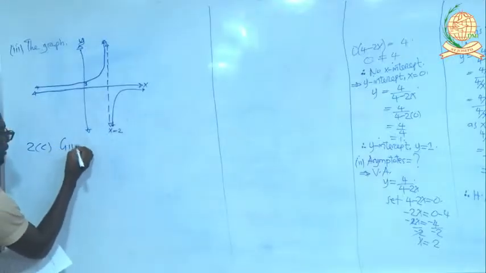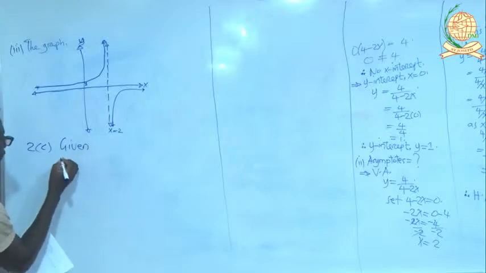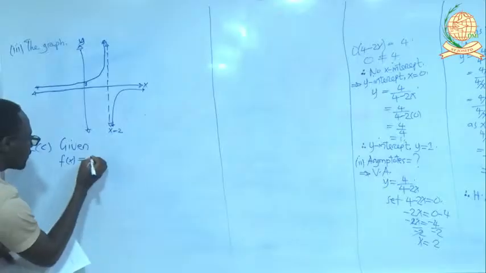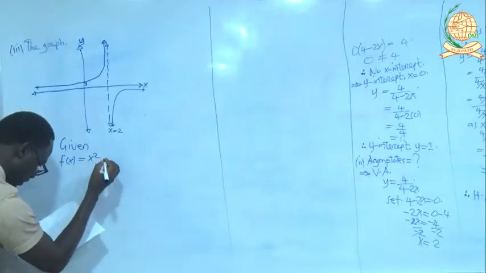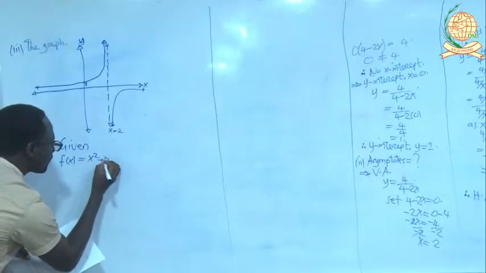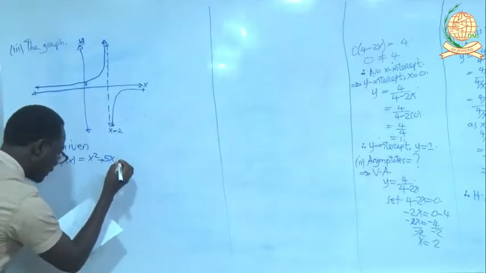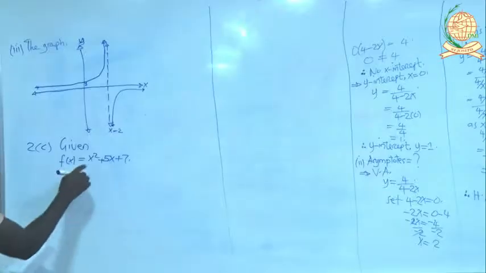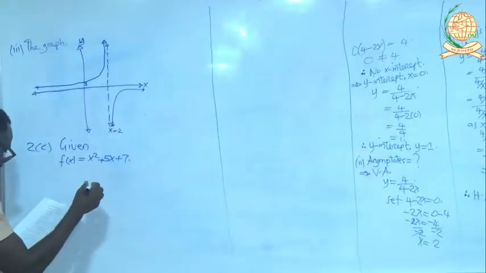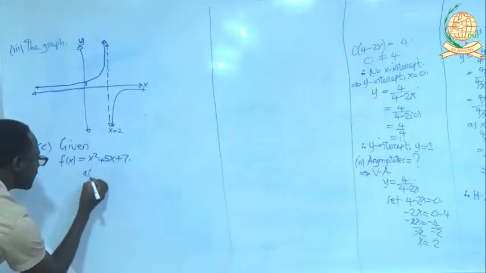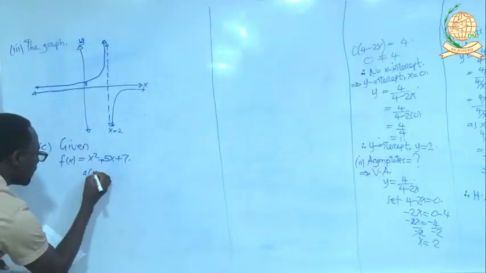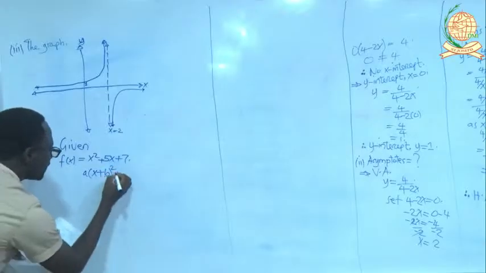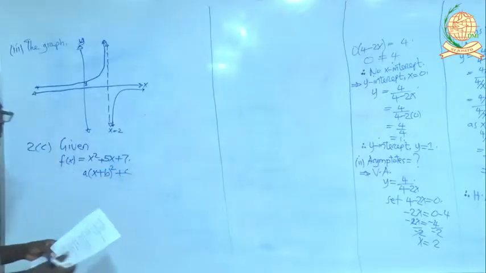We have f of x equals x squared plus 5x plus 7. Then we are asked to write this function in the form of a, in the bracket x plus b, squared, then plus c.